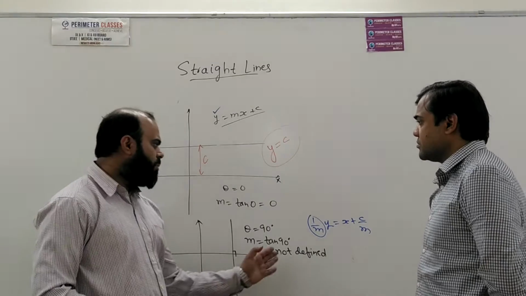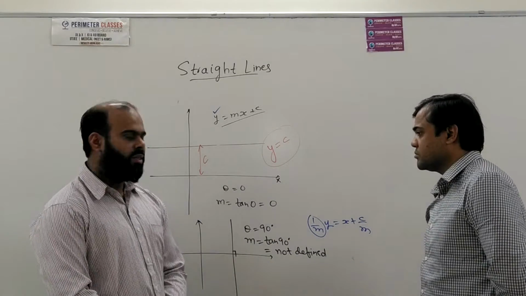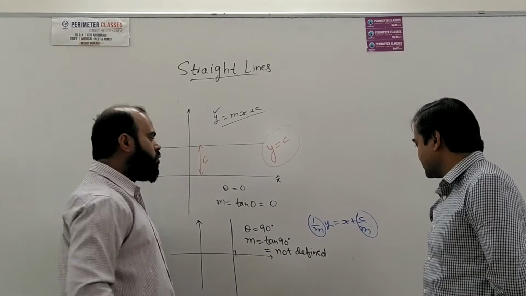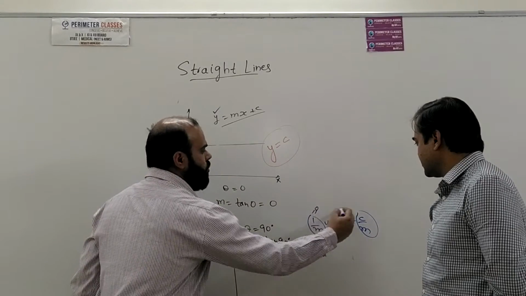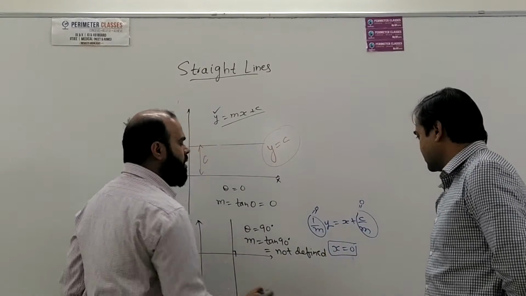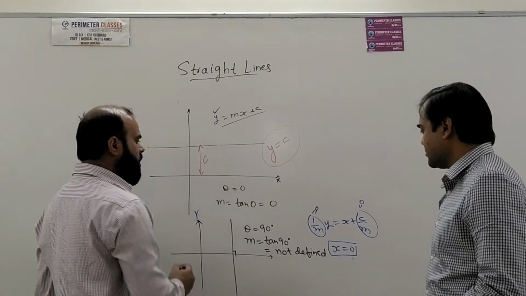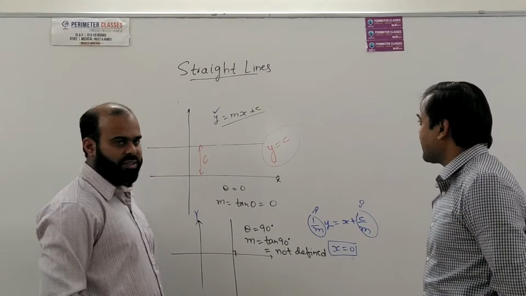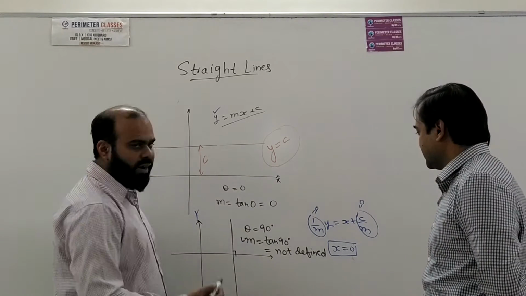We can say that if m is not defined, 1 by m is 0, and similarly c by m would also become 0. So you will get x is equal to 0, which is the y-axis itself. So in this manner you get the y-axis if you take the slope as undefined.